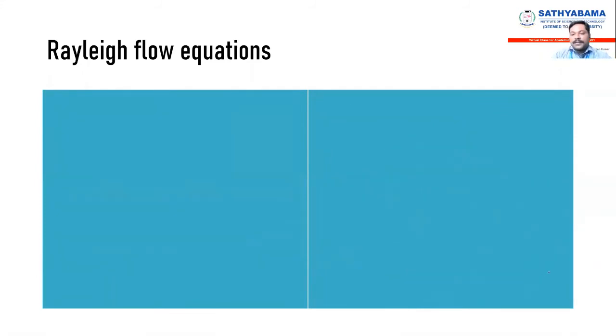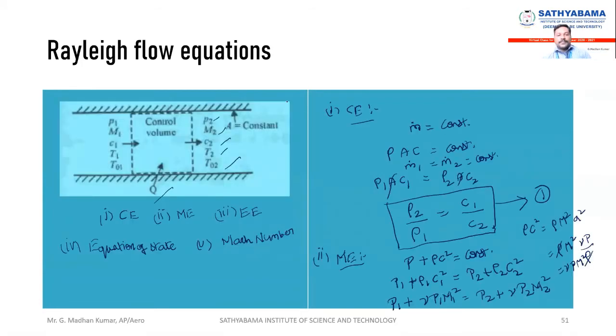Taking p1 common, p1 times 1 plus gamma M1 square is equal to p2 times 1 plus gamma M2 square. This is the momentum equation for the Rayleigh flow.